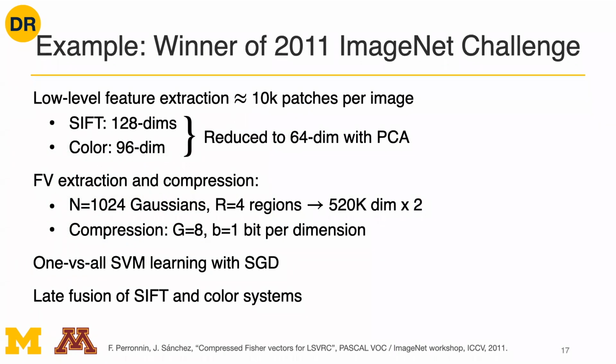They also extracted Fisher vector features and compressed those as well. At the end, using all of these features, they used an SVM, which is a support vector machine, a linear classifier, to classify images. This was the state of the art back then in 2011, before AlexNet or a neural network came into the picture.